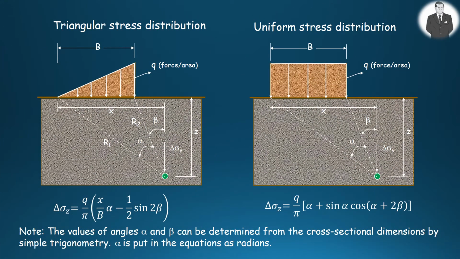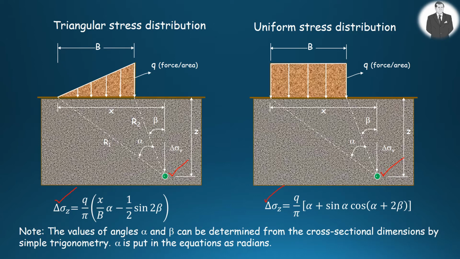Stress increase due to triangular stress distribution at any point within soil mass can be obtained using these equations given here. On the other hand, stress increase from uniform stress distribution at any point within soil mass can be obtained using the equation presented here.